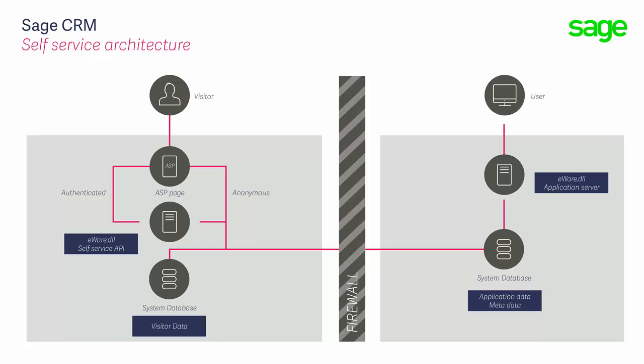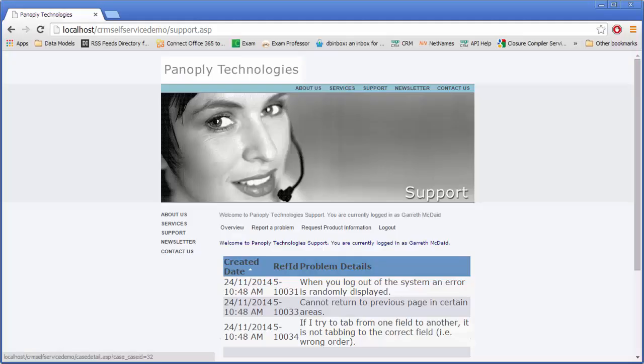Authenticated access means that users are required to enter a username and password. A cookie is used to store the user credentials, and the validity of this cookie can be checked on subsequent pages that the visitor accesses. Note, and it is important to note, authentication in self-service essentially means, can this visitor access this page? But it does not provide complete security over data access.